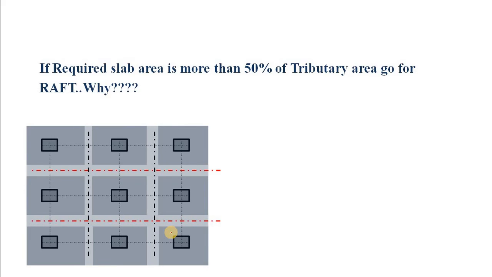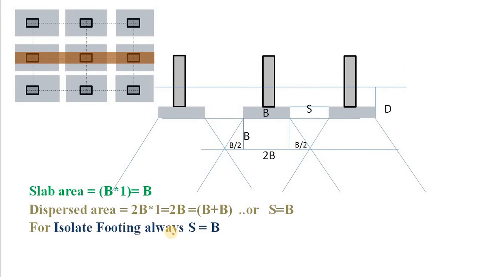Why 50%? So for that, just for a while, go back to the soil mechanics class. Consider we have already provided the isolated footing like this, all the 9 isolated footings, and we are considering a strip like this. This is the strip, which is of unit width, and the length is as it is.